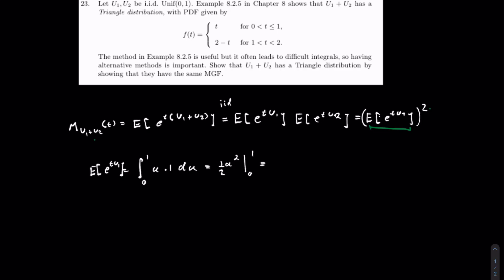We should be using LOTUS at this step here. So let me revert back and just erase this. This should be e to the t u1 using LOTUS, and this is now e to the t u1 divided by t.